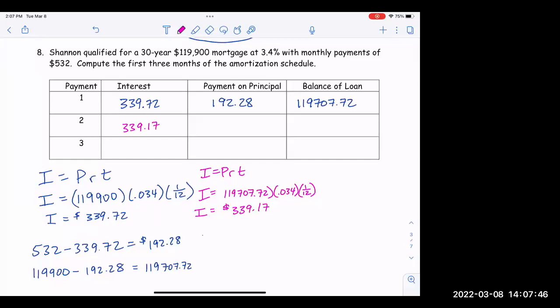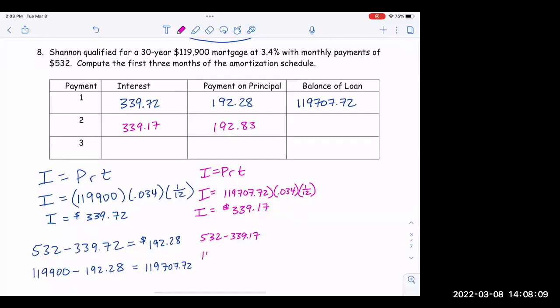Then again, my payment was $532, subtract how much of that went to interest. That would give me how much went to the principal, which again should be just ever so slightly more than it was last time. This time I'm getting $192.83.